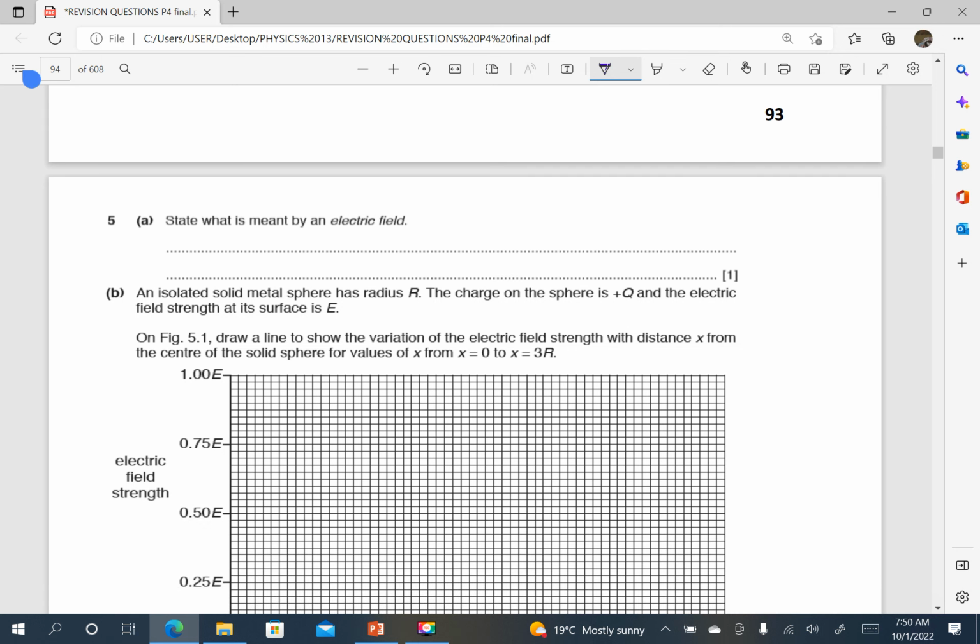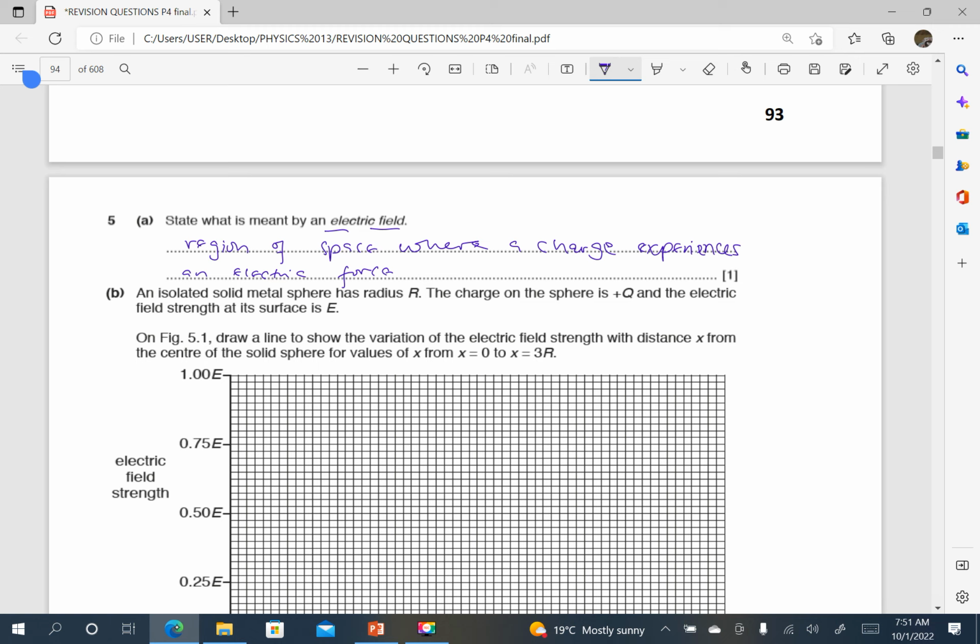State what is meant by electric field. A field is a region of space where a force is experienced. Now, this is an electric field. So this is going to be a region of space where a charge experiences an electric force, or a region of space where a force is experienced due to an electric charge.